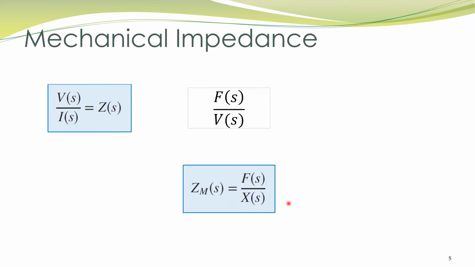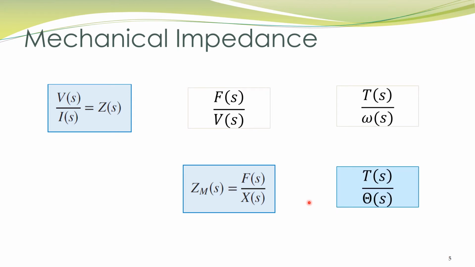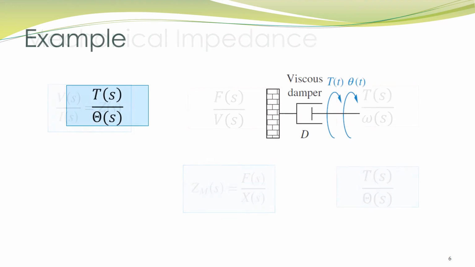Similar to this one, we define mechanical impedance for rotational displacement, and that is the torque divided by angular displacement. Consider, for example, the viscous damper, and its mechanical impedance is torque divided by angular displacement.